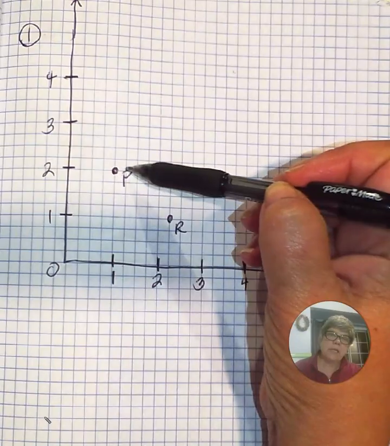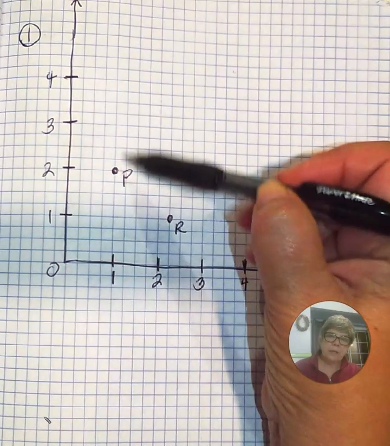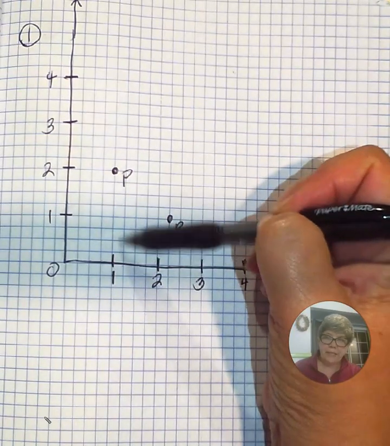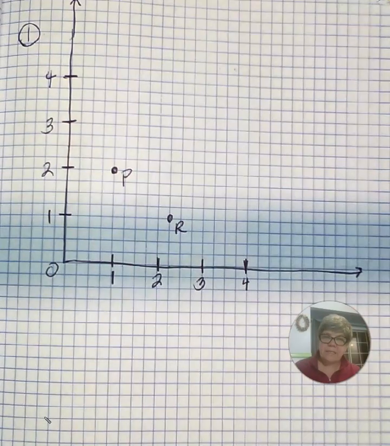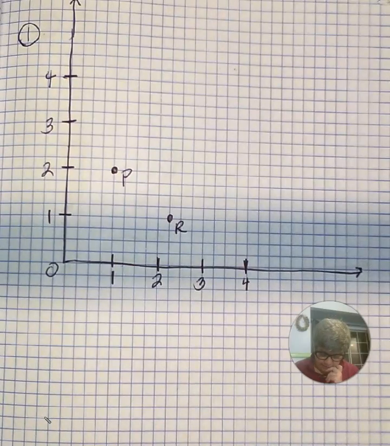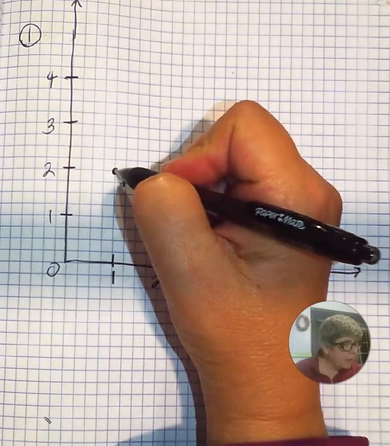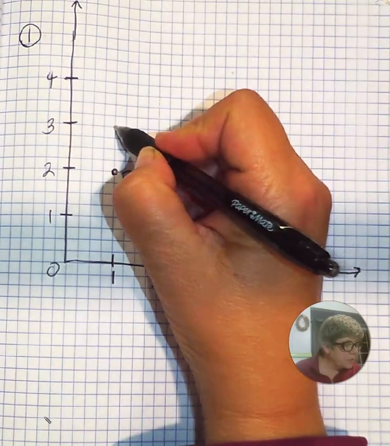All right, so it's going to have to be somewhere related to P. And this one's kind of interesting because there's more than one right answer. So go ahead and put what you think would be correct for point Q, 1 3/4 units. So I'm going to go from P, and I'm going to go 1 because P is at 2.